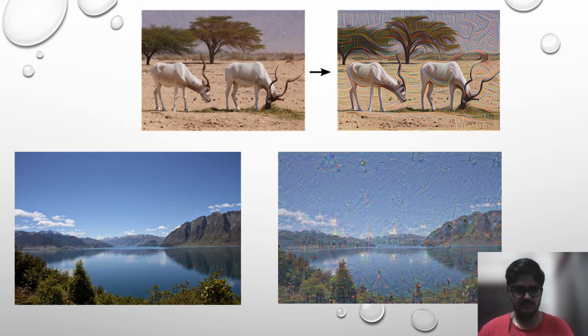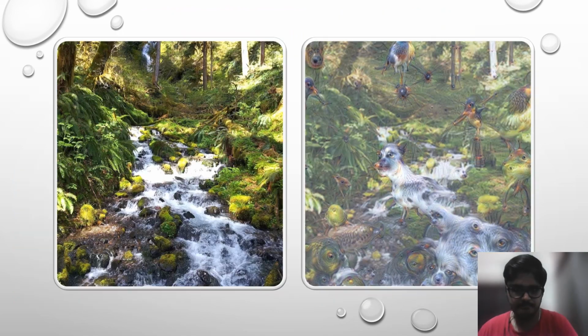And in a similar way, this is a beautiful picture which has been completely over processed, and here we find small buildings slowly forming as we continue the training process of the deep dream program.